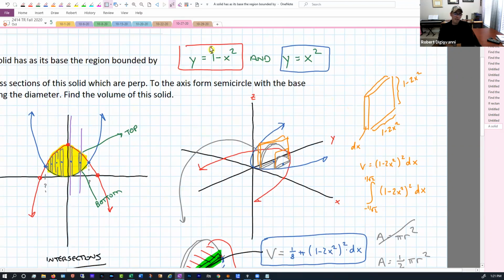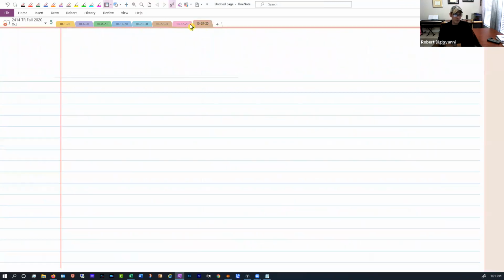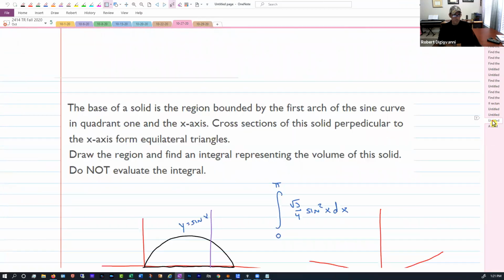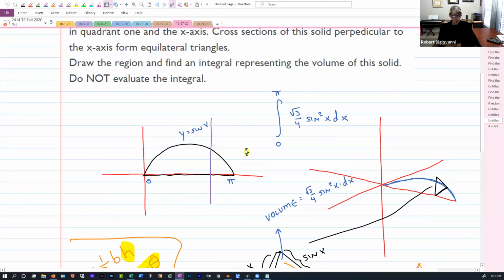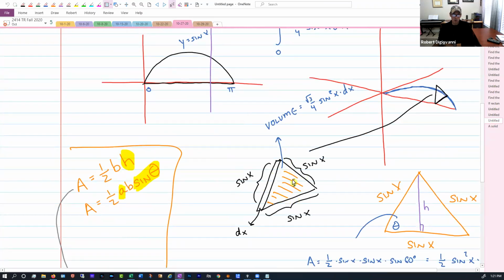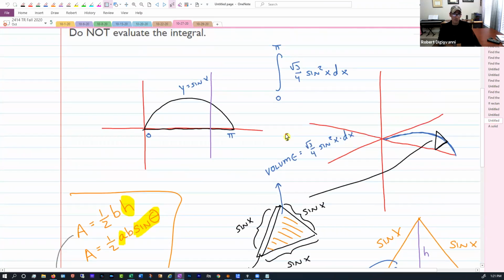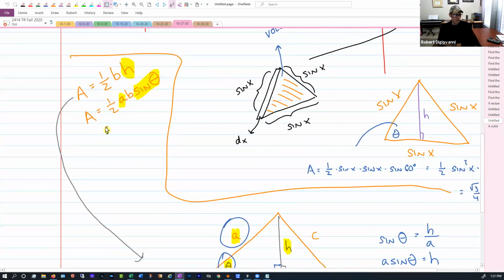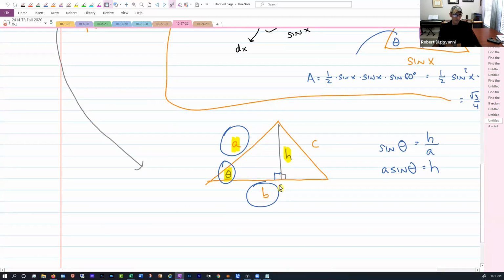And then the problem that I did at the end of class last time, we did a region and then we said our cross sections were equilateral triangles. So all sides were equal. And then we had to use a special formula from pre-cal to get that area.